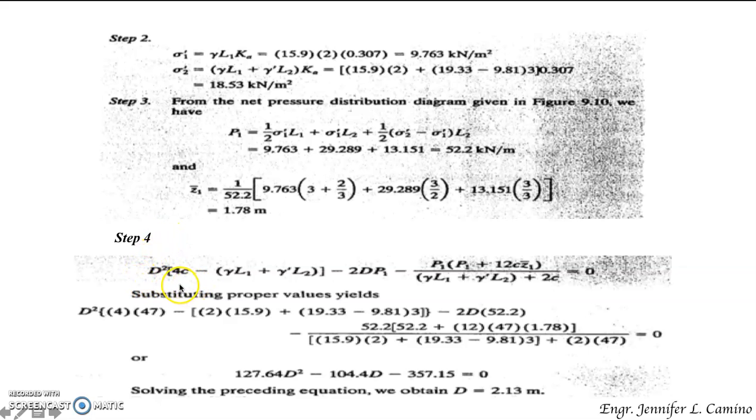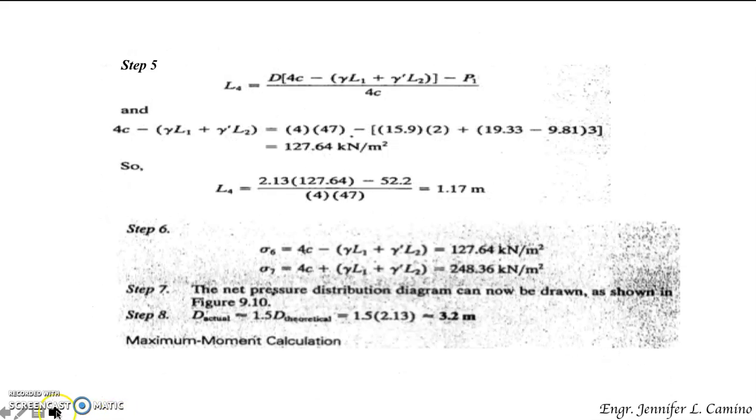And to compute for our depth of penetration, you have this equation. If you simplify this one, you have now D equal to 2.13 meters. And we compute for L4.